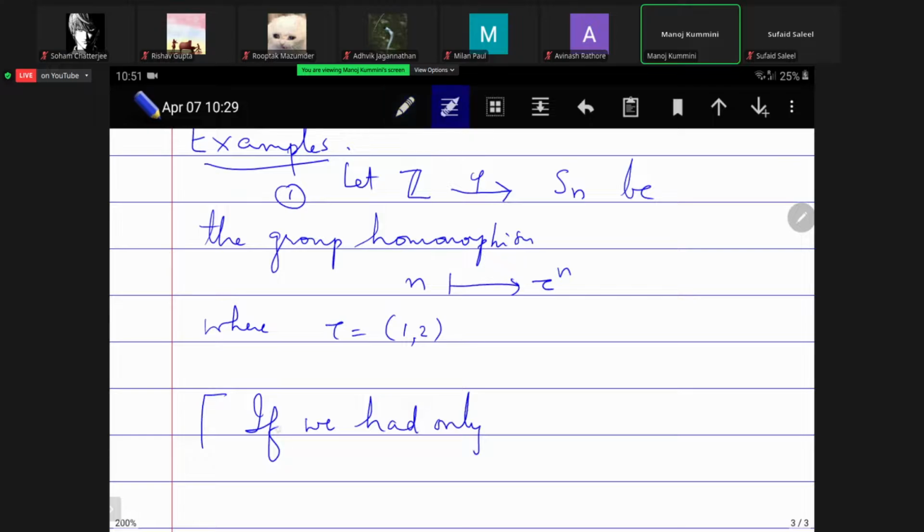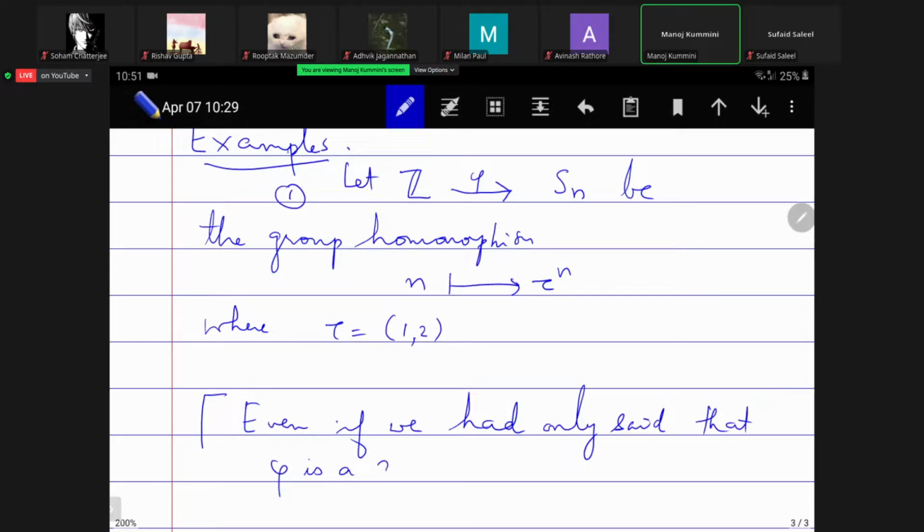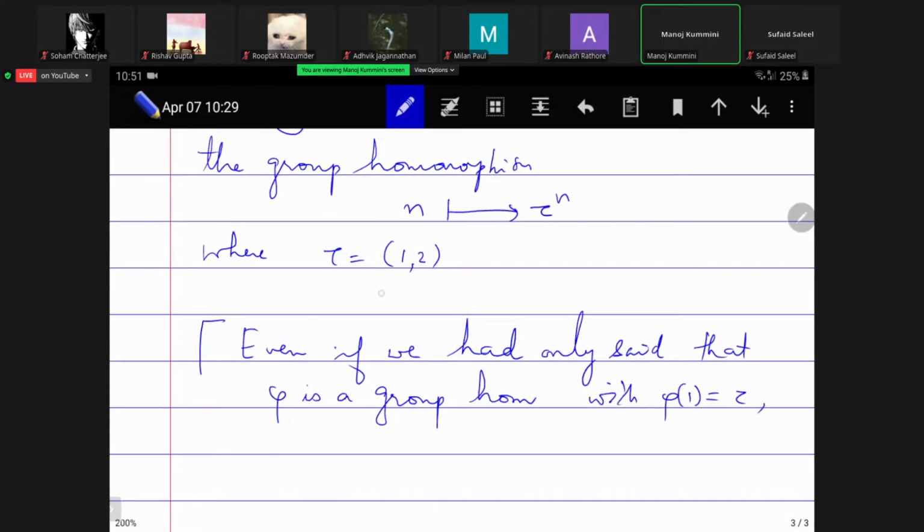If we had only said that phi is a group homomorphism with phi of 1 equals tau, we would be specifying the exact group homomorphism.